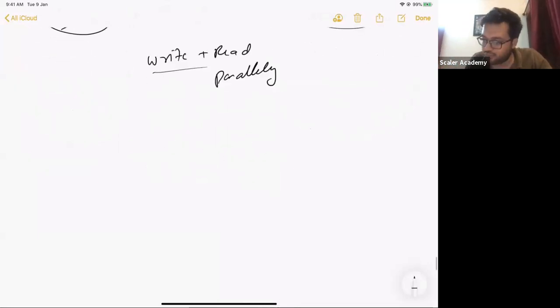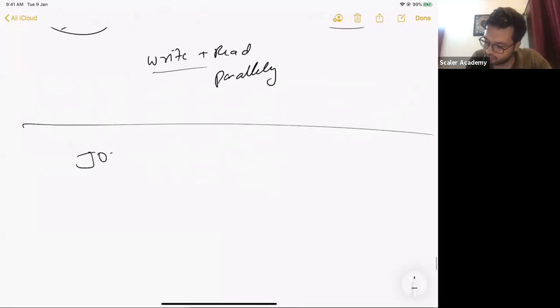The problem of joins. If the data is sitting in one DB and you want to do a join, that's trivial, because that's just like any simple join that you do.